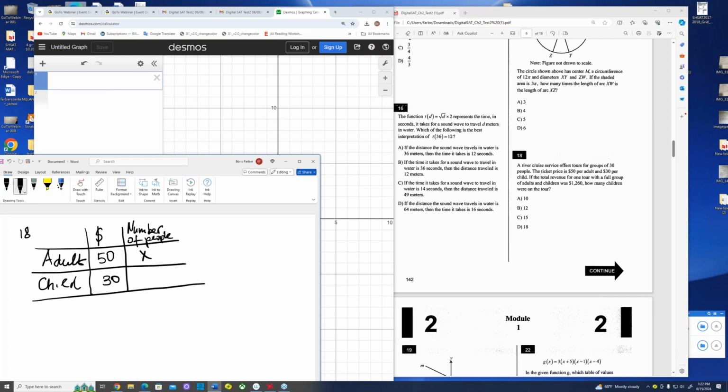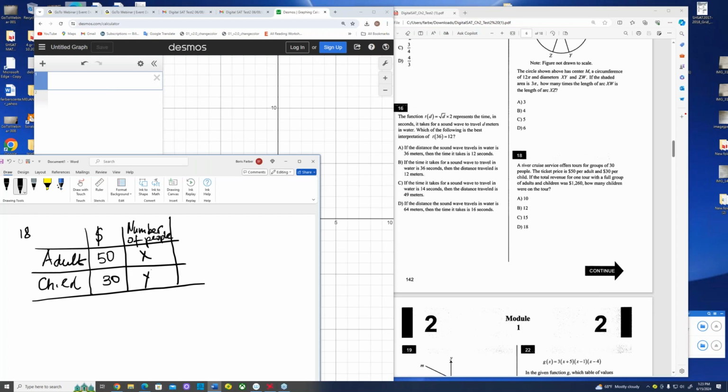Let's say X and Y. You can use one variable or two variables. I will show this with two variables.